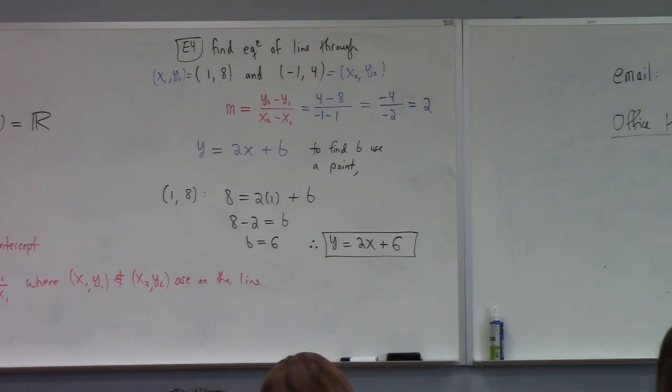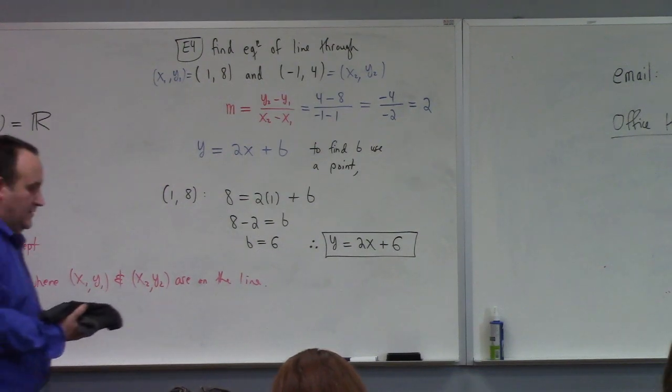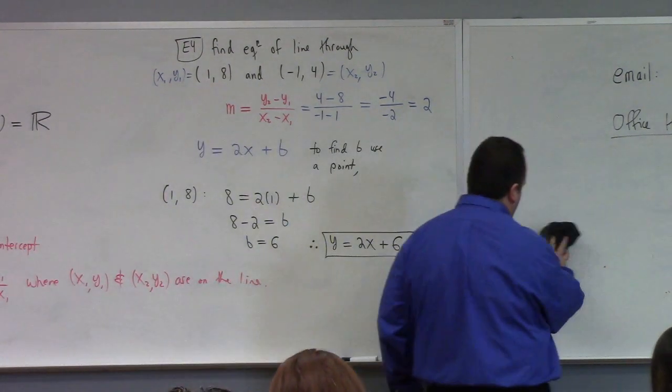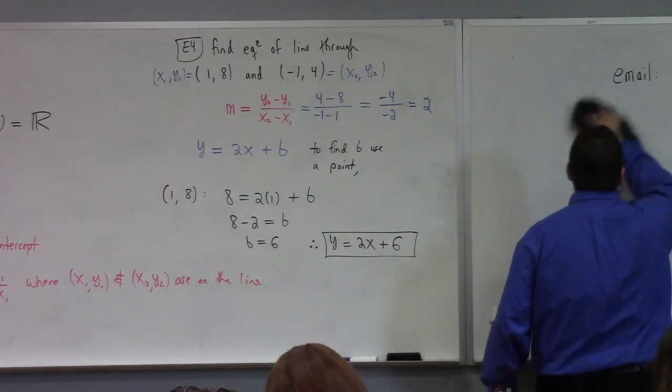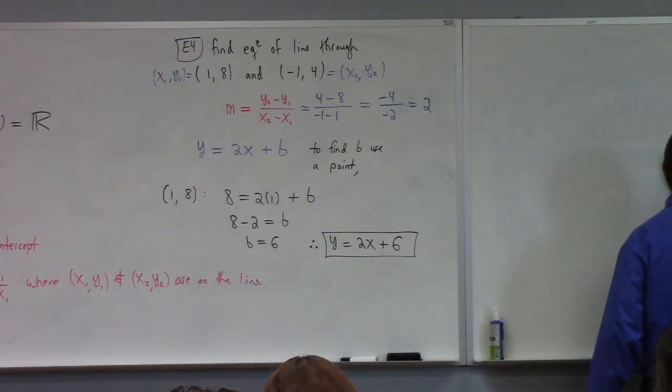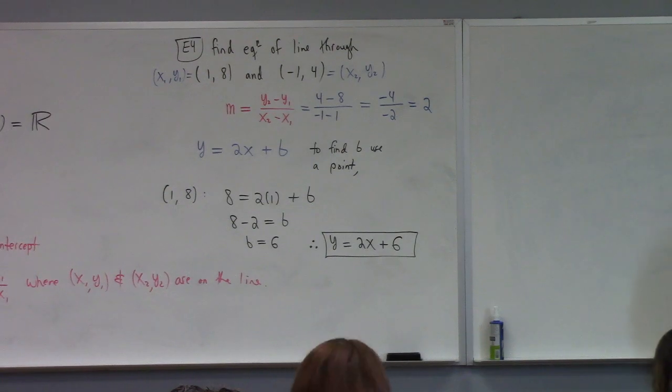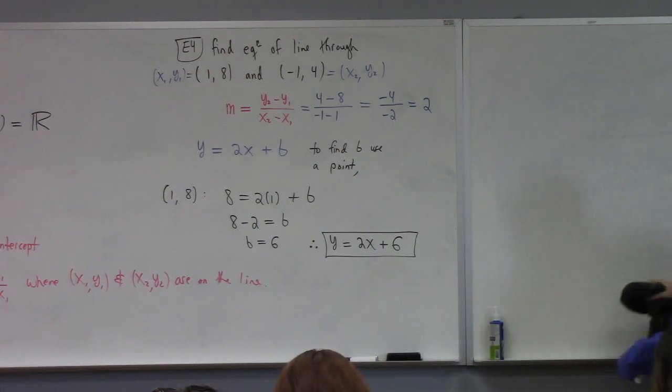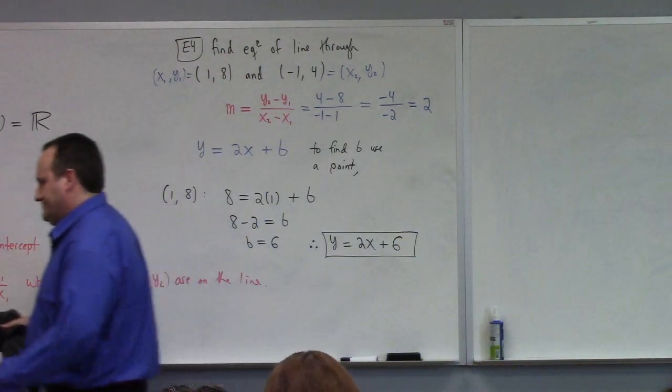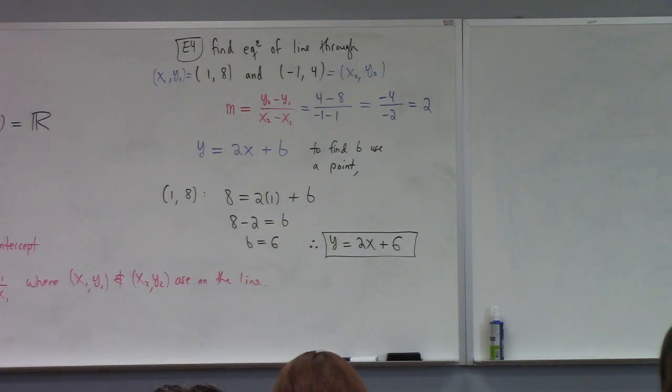Now, there is an easier way. I should mention this while we're talking about this. Actually, before I do that, let me check my time. I don't want to hurry. Oh, we're okay.